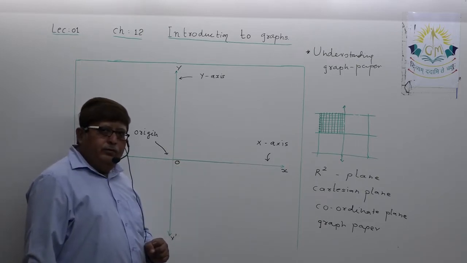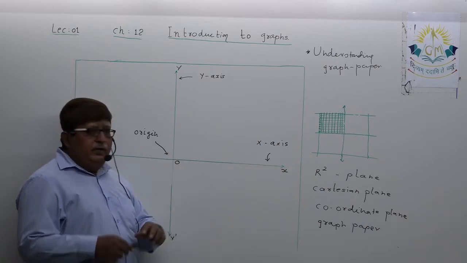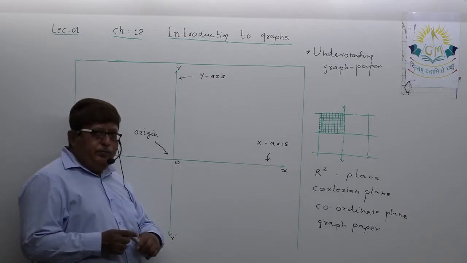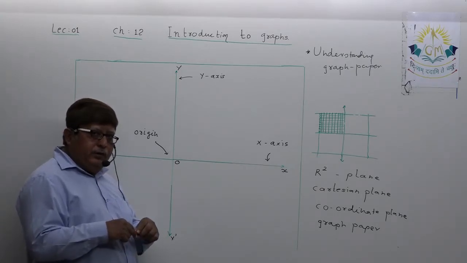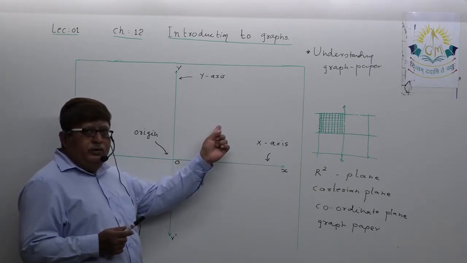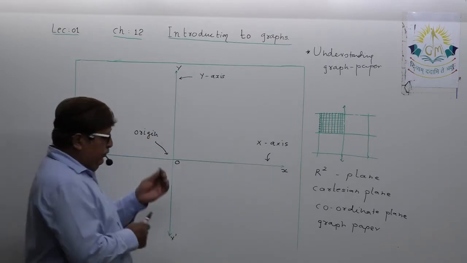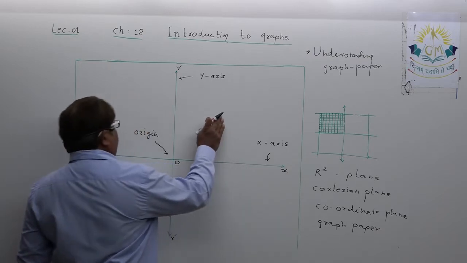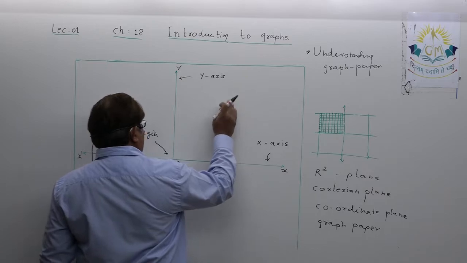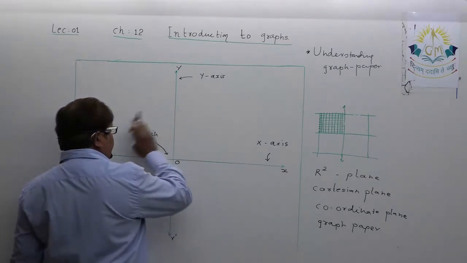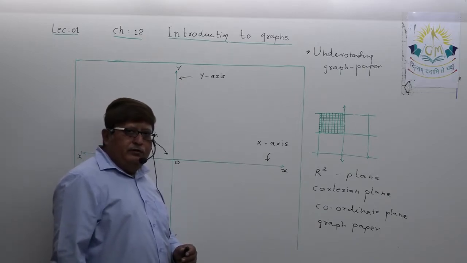Now, dear student, these two coordinate axes have divided the graph paper here into four parts. You have to move from here not clockwise but anti-clockwise. So this particular region, this one, means this graph paper is divided into four equal regions.